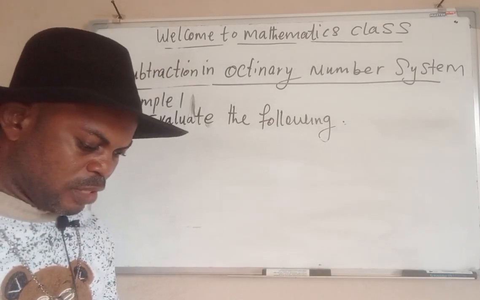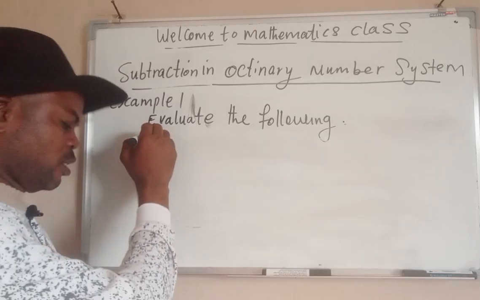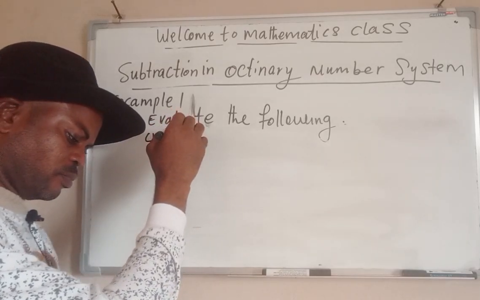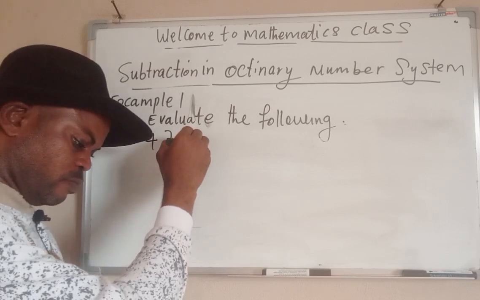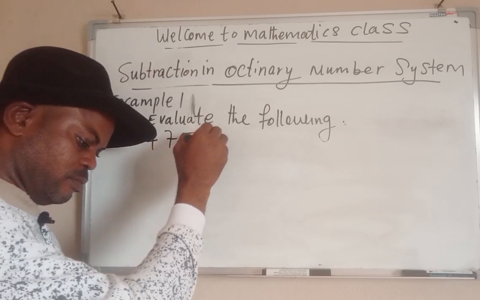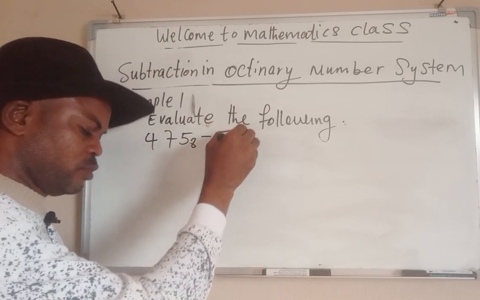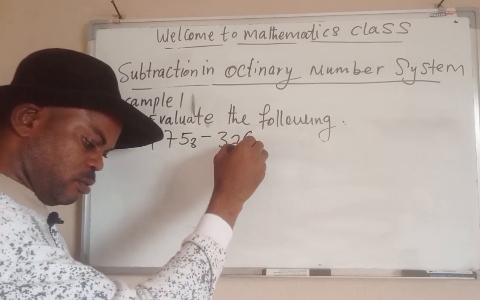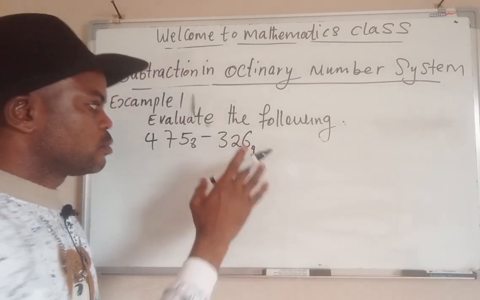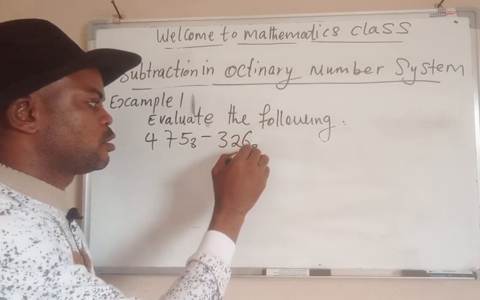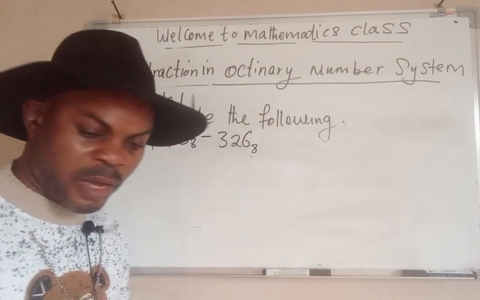Evaluate, what are we evaluating? We are evaluating this value, which is 475 base 8 minus 326. This is 8, that was a typing error.